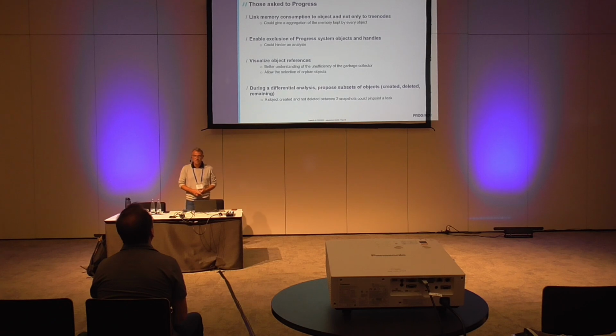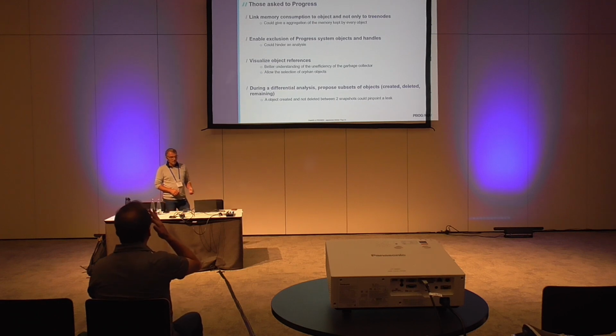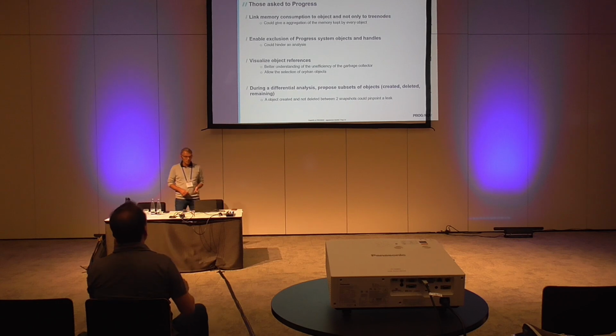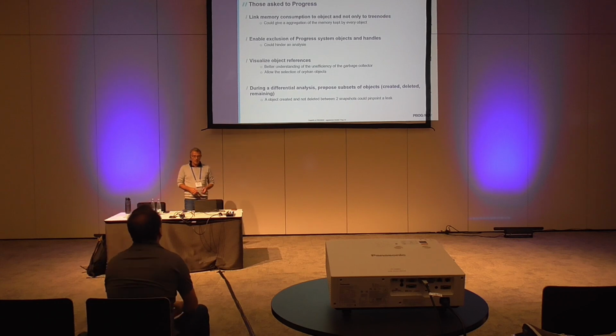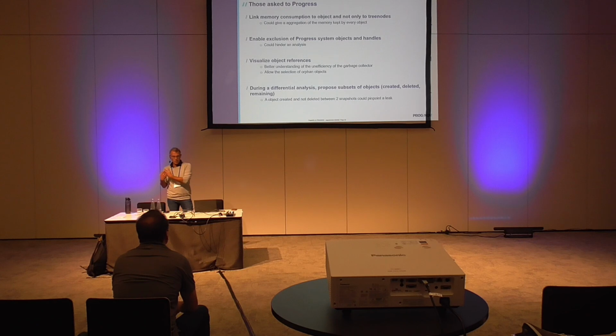I just have to have a look at the source code, which is under it, and it will be easy for us. During a differential analysis, it should propose some subsets of objects like created, deleted, and remaining objects, like other tools on the market.